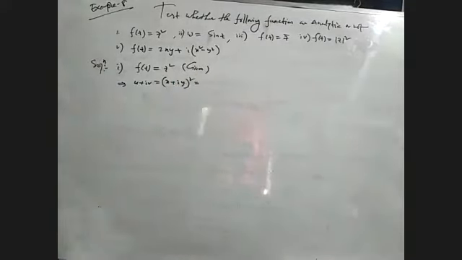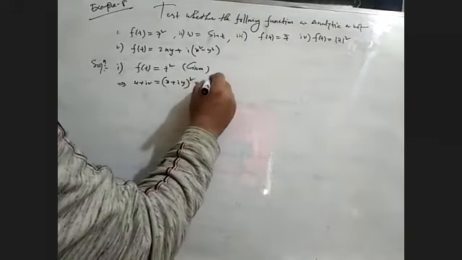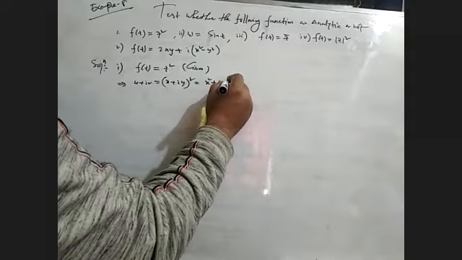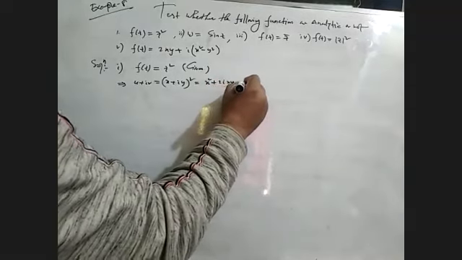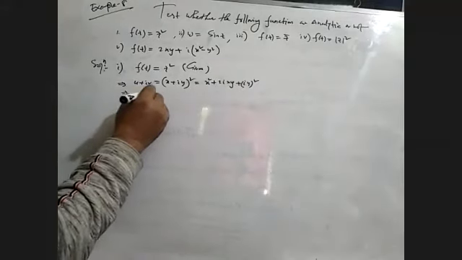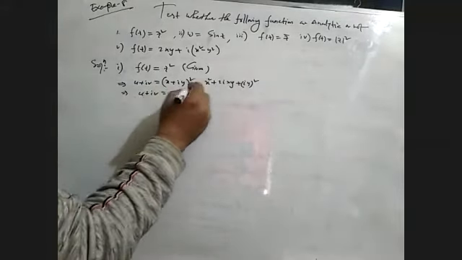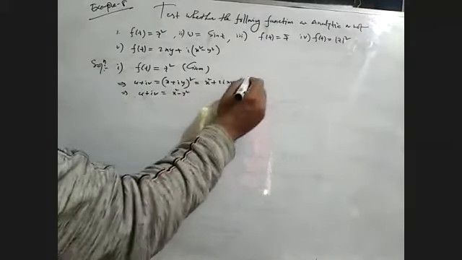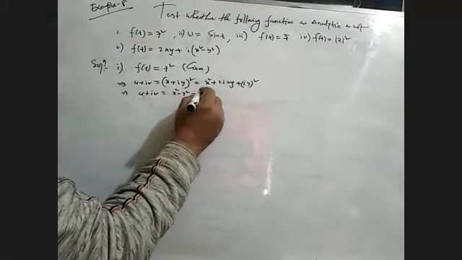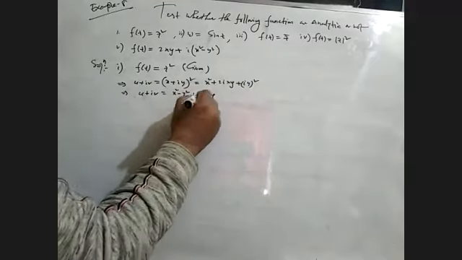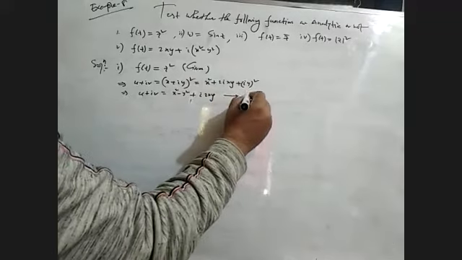This can be written as x square plus twice i xy plus iy whole square, or u plus iv equals x square minus, i square means minus 1, y square, plus i twice xy. This is the equation number 1.